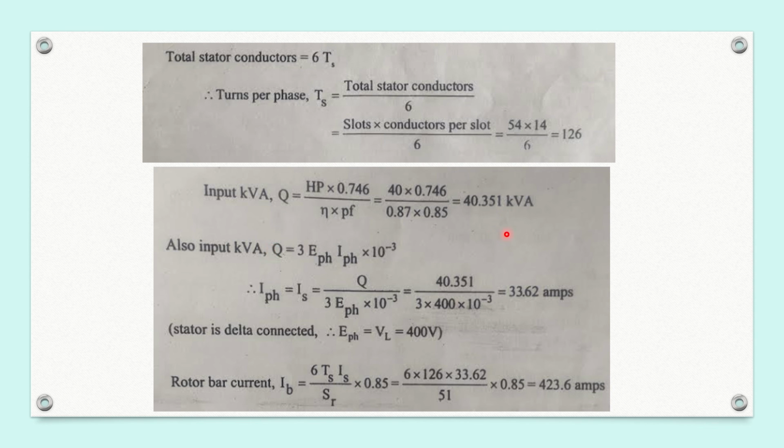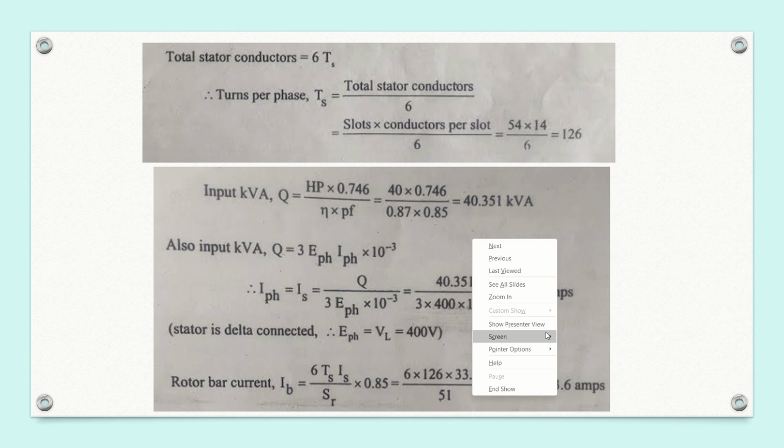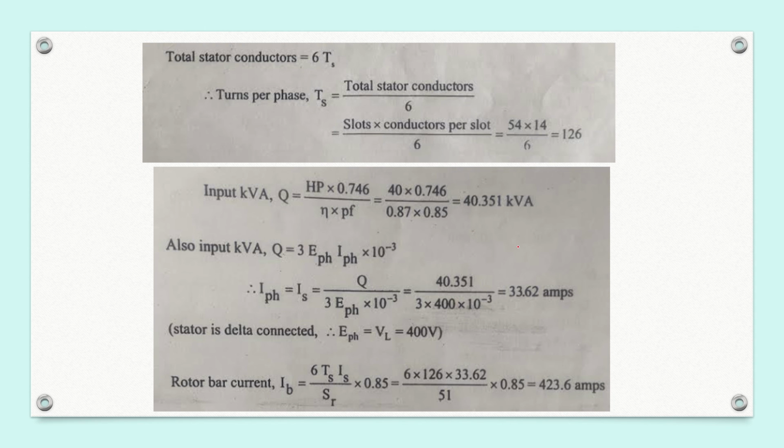Or we can write 40 kVA. 40 kVA is what? 40 into 10 raised to 3 volt ampere. 40.35 into 10 raised to 3 volt ampere, which is equal to 3 into V phase into I phase. 40.35 into 10 raised to 3 is equal to 3 into V phase into I phase.